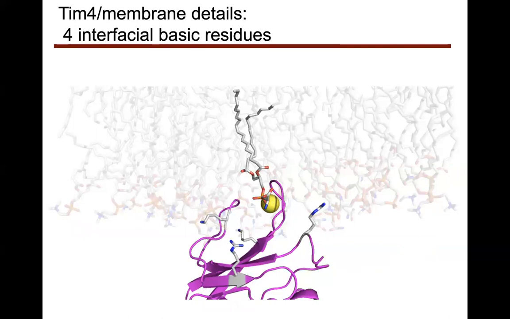What are the other players at hand that give rise to a Hill coefficient of a number that is larger than 3, knowing that there is a single binding site for the PS, which is mediated by calcium in the middle? What we found is that there are positively charged amino acids close to the lipid, one in this orientation and the other in a perpendicular orientation.